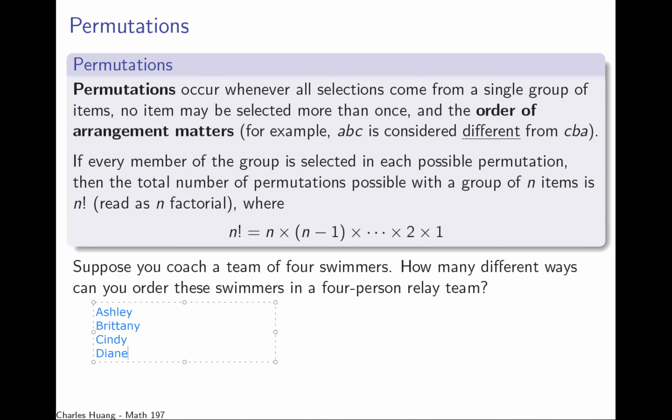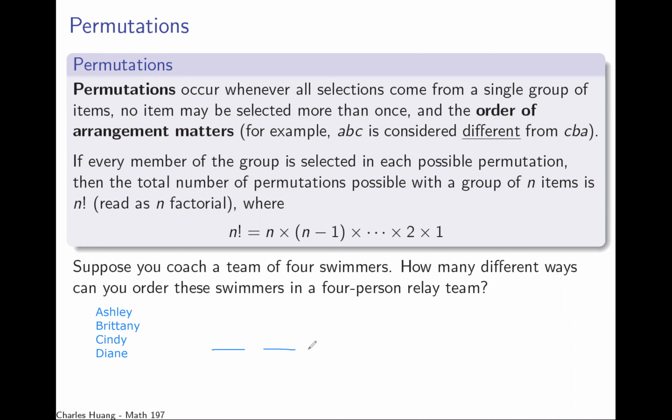Suppose we have 4 people, A, B, C, D. Now, we want to order them. We want someone to go first, someone to go second, someone to go third, someone to go fourth. We want to order them to form a team.